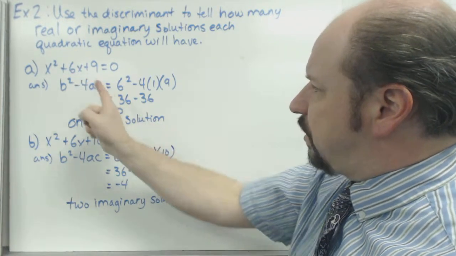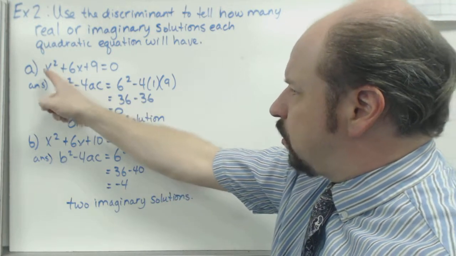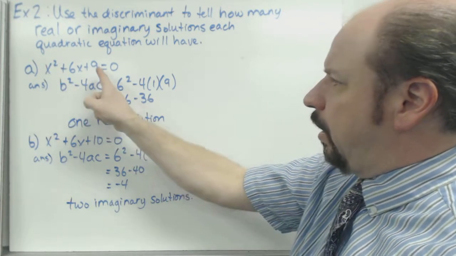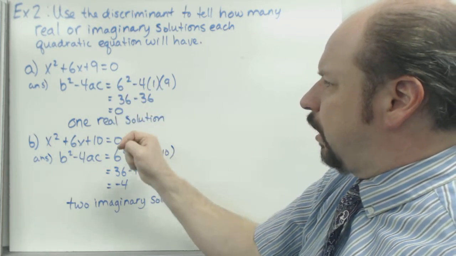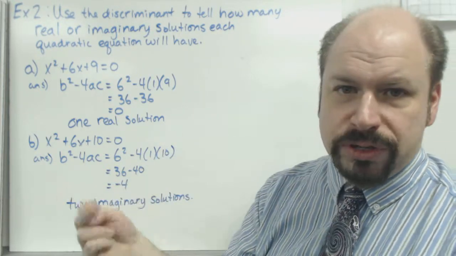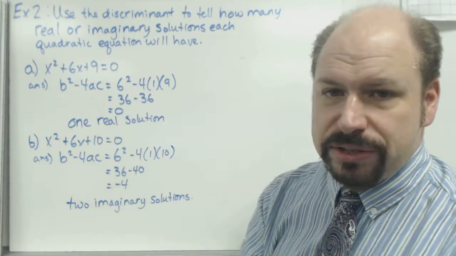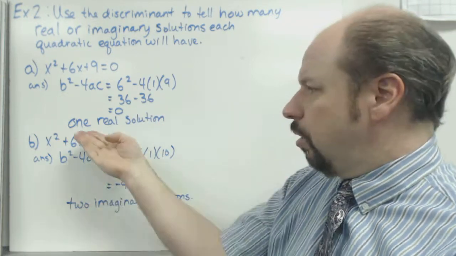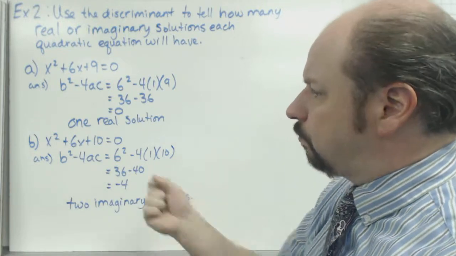So b is 6 squared, minus 4 times 1, which is our a, times 9, which is our c. 6 squared is 36, minus 4 times 1 times 9, which is also 36. So 36 minus 36 is 0. Because this is equal to 0, we're only going to have 1 real solution there.